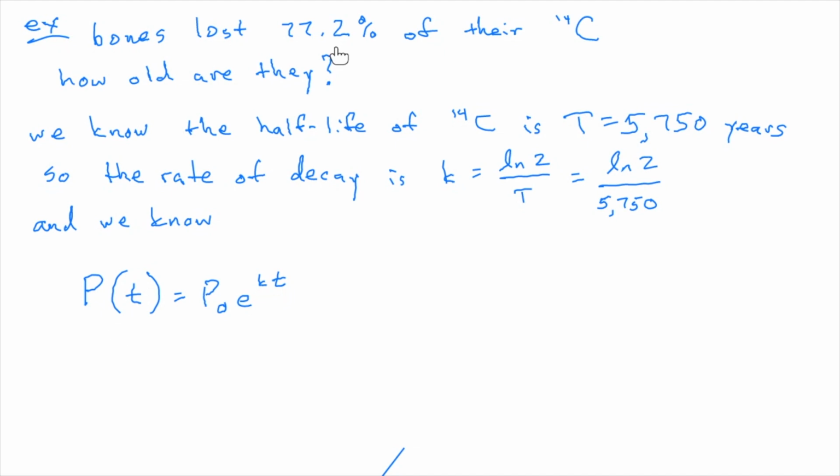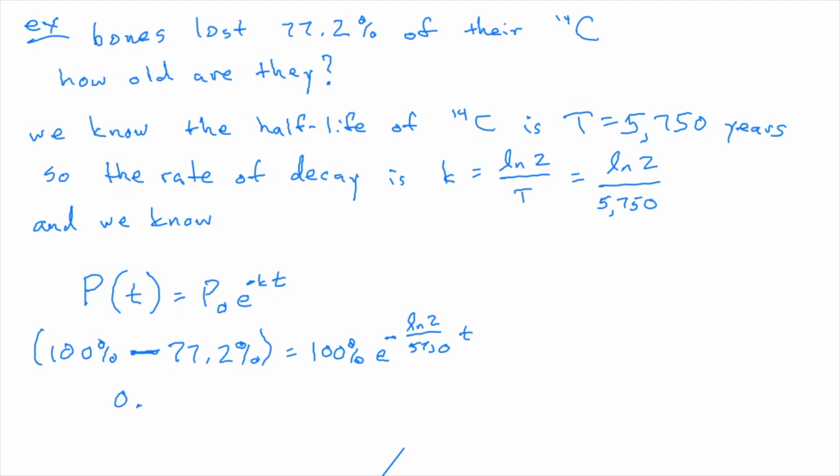Well, it's 77.2%. Nope, that's how much it lost. Okay, minus. At the beginning, there was 100% of the radioactivity, and now there's less radioactivity. E to the, I'm supposed to put a negative there because I'm doing it the book way. E to the negative natural logarithm of 2 over 5,750 times T. And so we say, you divide all this stuff out, right?